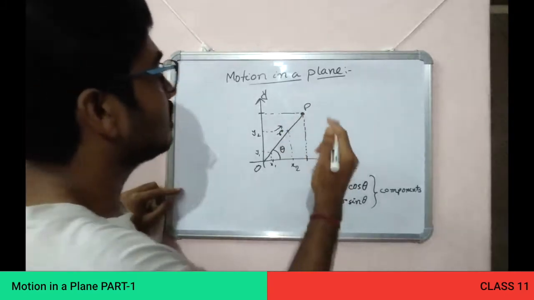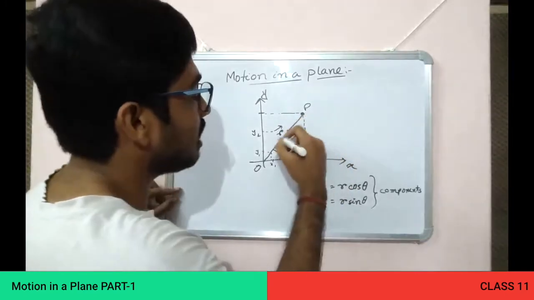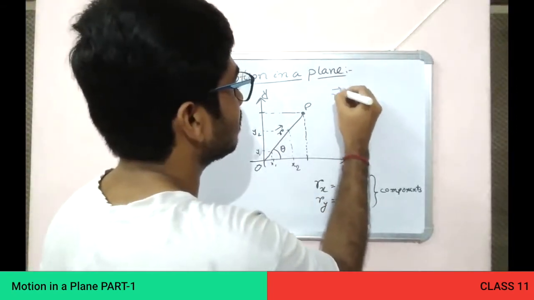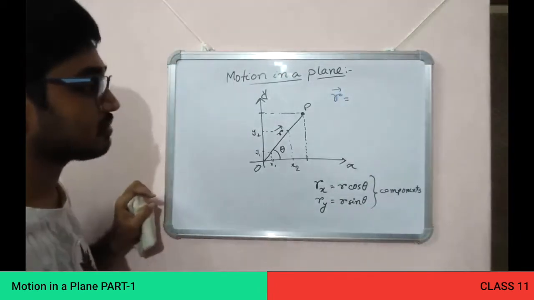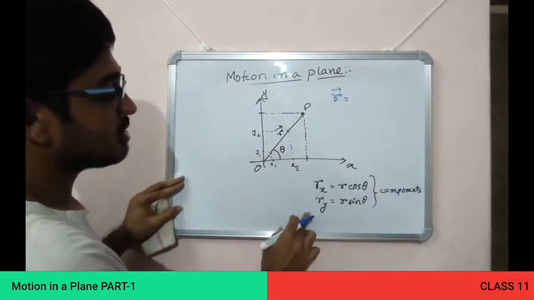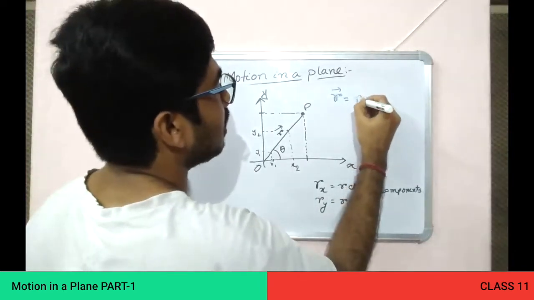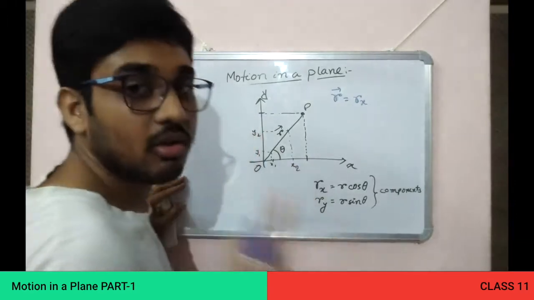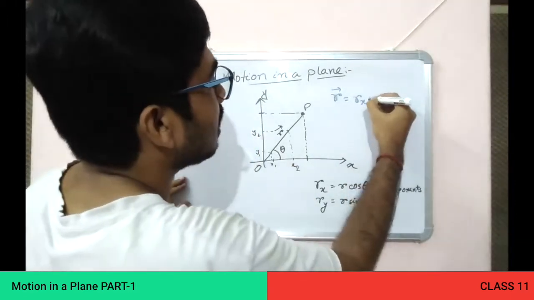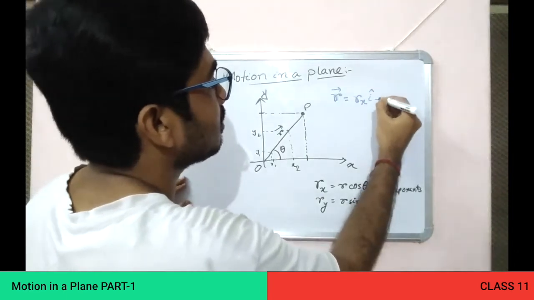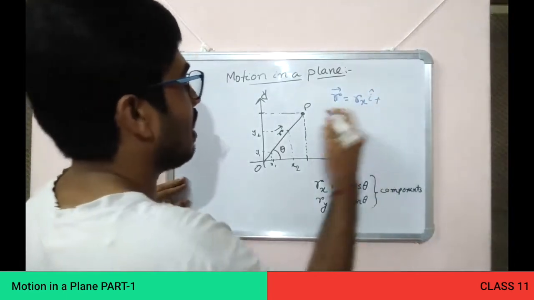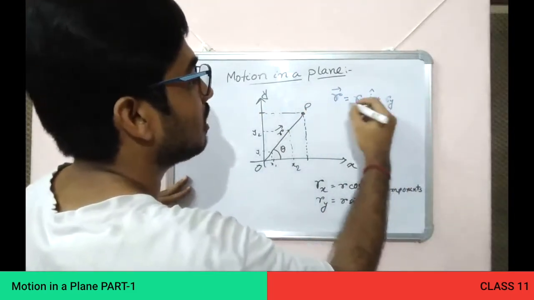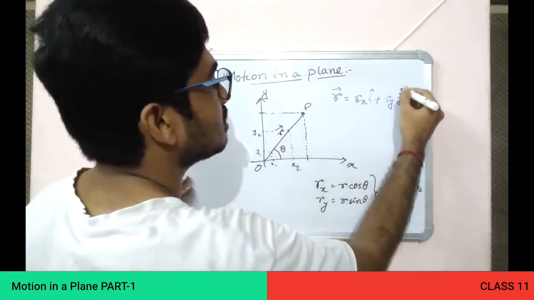This point, as we denoted it r, so r could be written as some part of rx and ry. rx is the value towards x direction, and its unit vector will be written as i cap, plus along y direction of r is ry, and unit vector is j.